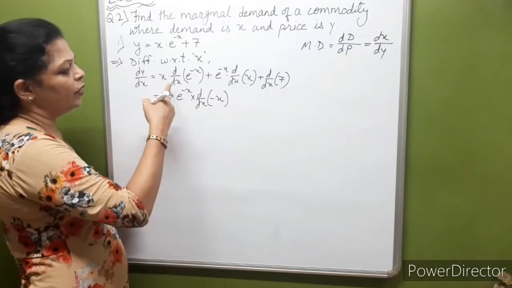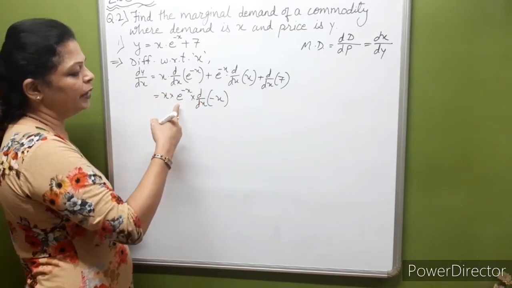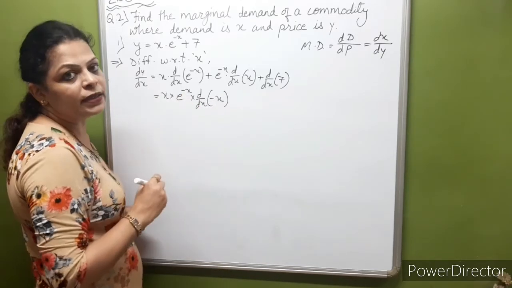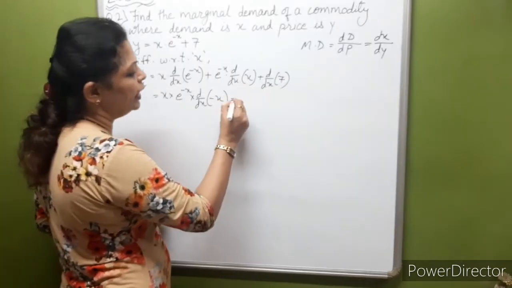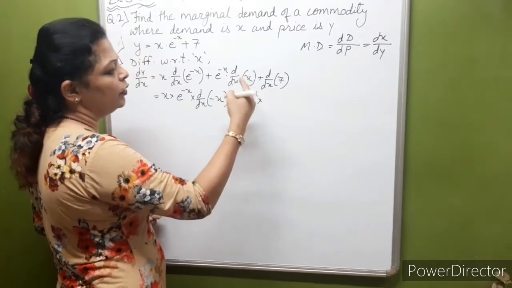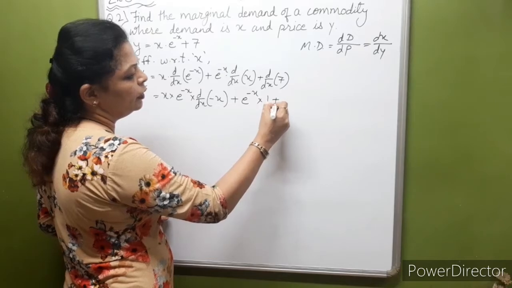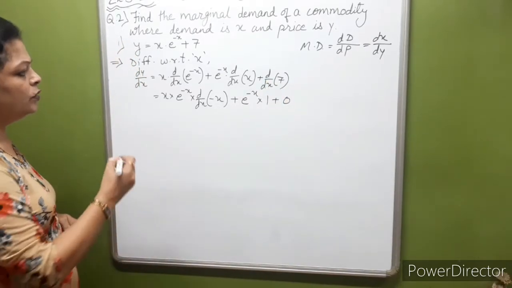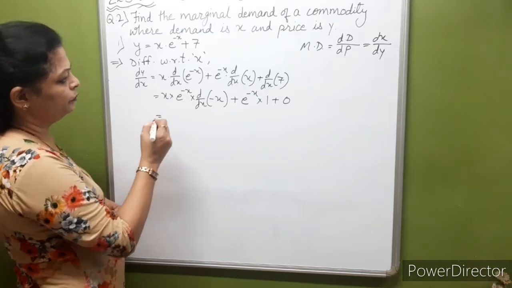So the derivative of e raised to minus x will be e raised to minus x into derivative of minus x. Then this side plus e raised to minus x into derivative of x is 1 plus derivative of 7 will be 0. So what do you get here?